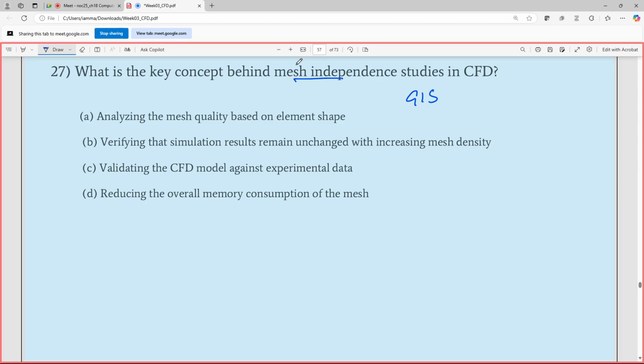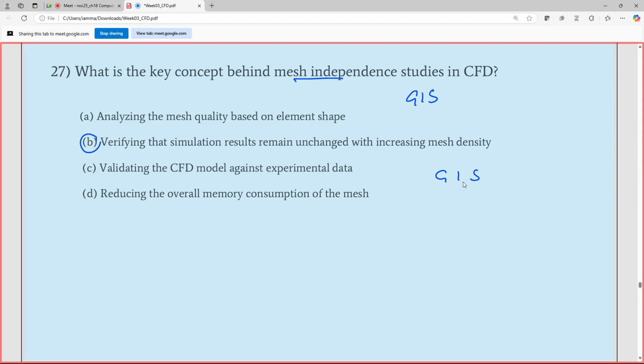Yes, option B, verifying that the simulation results remain unchanged with the increasing mesh density. From the name itself, it is mesh independence or grid independent studies. So when the study becomes independent of the grid size or mesh size, that is what is meant by mesh independent studies.